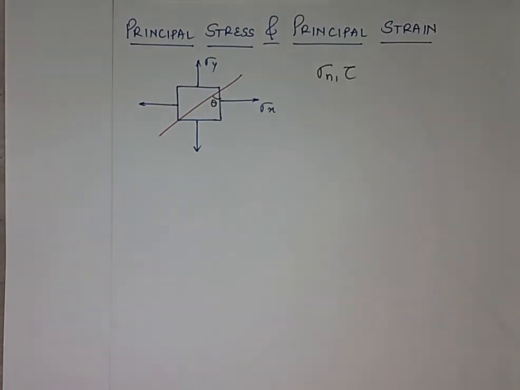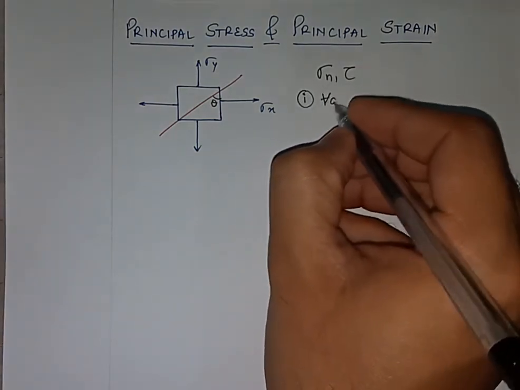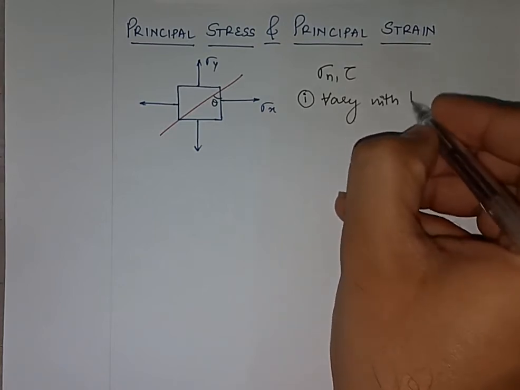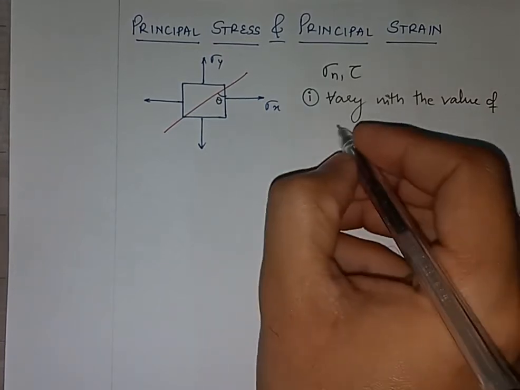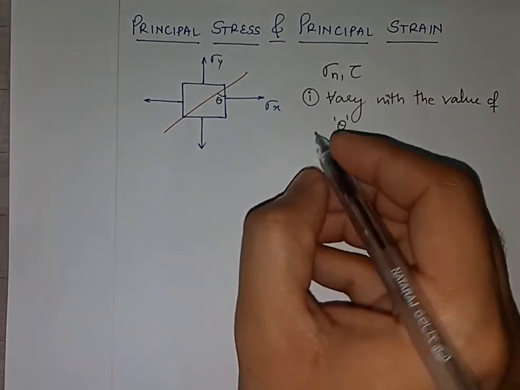Now an important point to be noted here is that the value of sigma n and tau will vary with the value of theta.